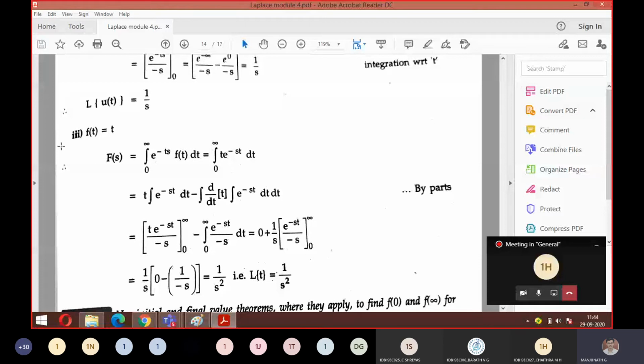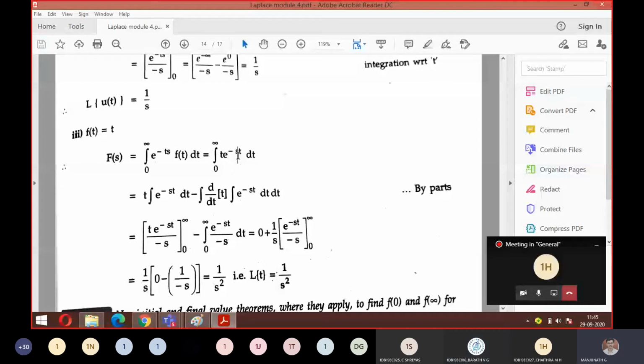If it is t square or 2t, how will it come? You can verify by putting the numbers here. Whenever the two things integrate the same way, you can apply simple mathematical logic. Whenever you have two separate functions like t and e power minus st, you need to apply the integration by parts option. So am I clear till here, everyone?